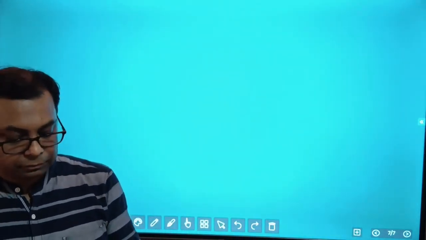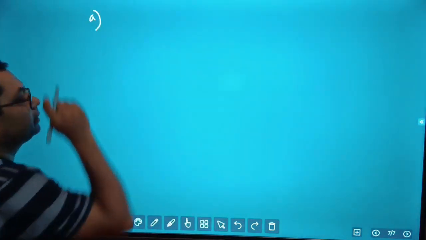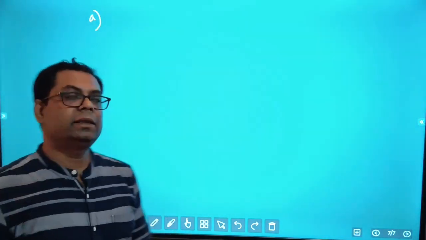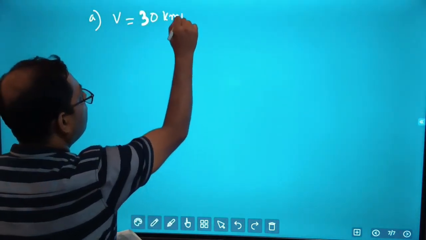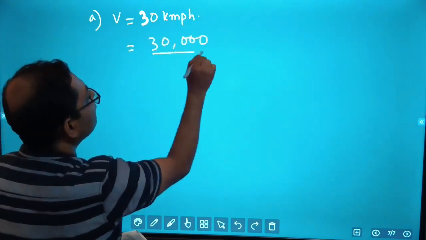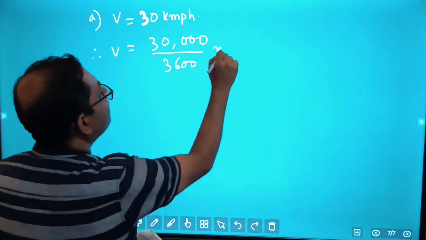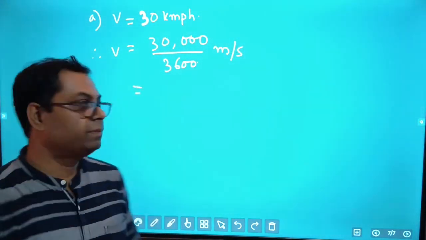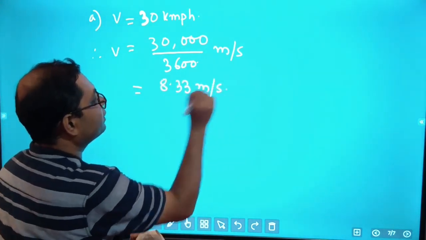First of all, when the ship steers to the left, we are going to explain part number A of this problem. Here it is given that the velocity is 30 kilometer per hour. So this is equal to 30,000 divided by 3600 meter per second, or if we simplify it, we get 8.33 meter per second.